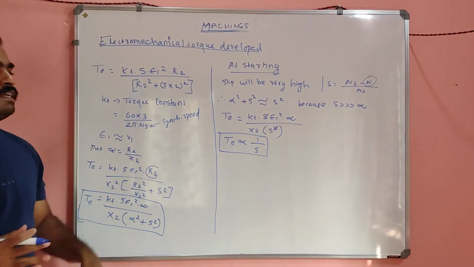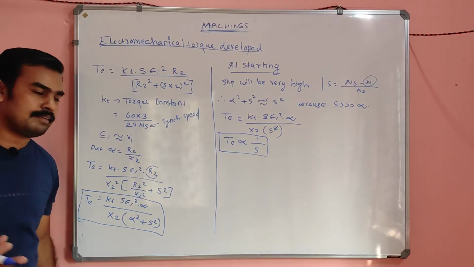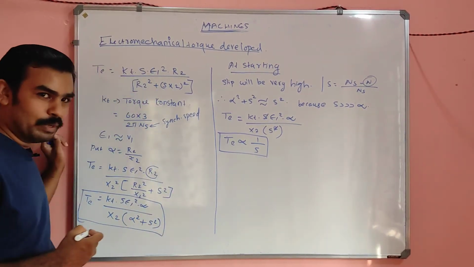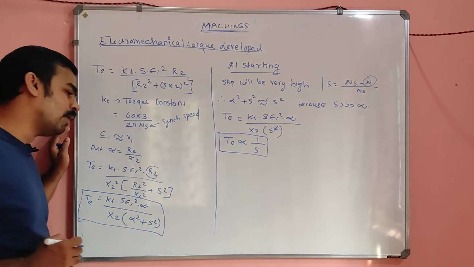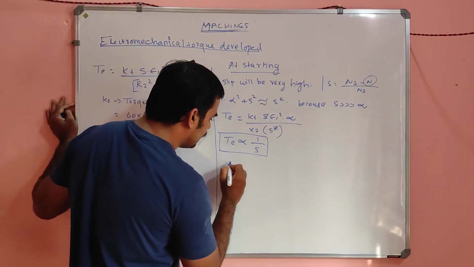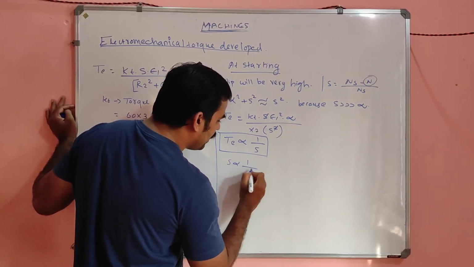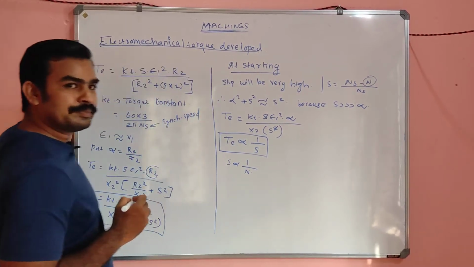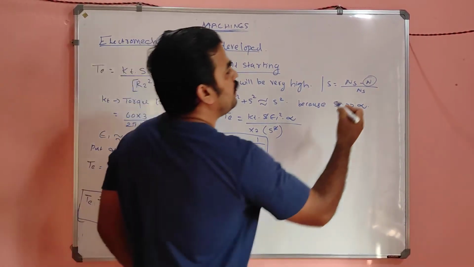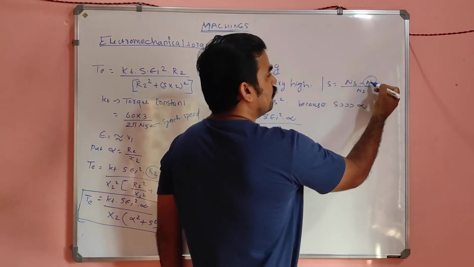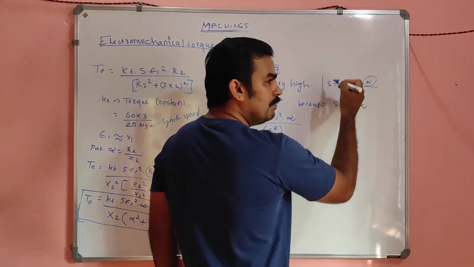So the only variable here is slip, right? So T is proportional to 1 by s. And I can write s is inversely proportional to n. Whenever we see the slip equation, whenever we increase the speed, the slip will decrease.